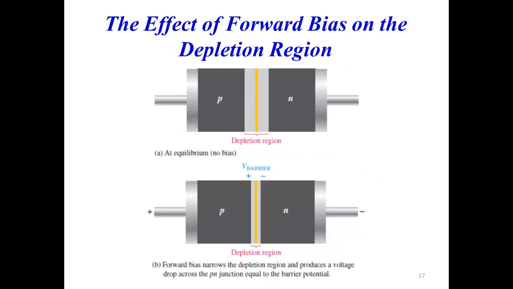Before going to reverse biasing, let us see what is the effect of forward biasing on the depletion region. Student, as I am forward biasing this particular diode, the holes from the P region will be pushed into the N region and the electrons from the N region will be pushed into the P region.